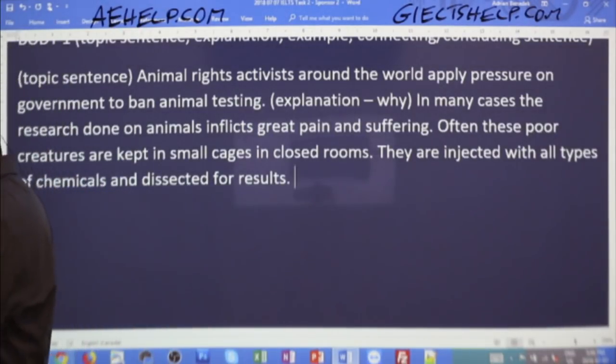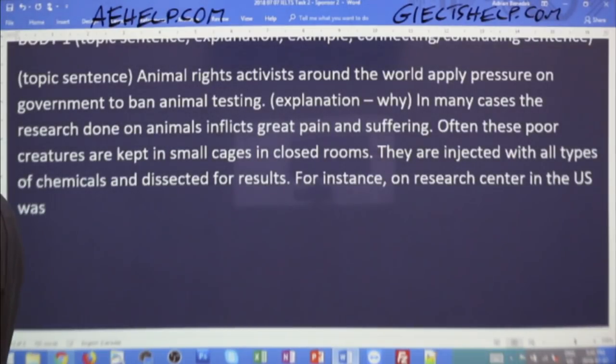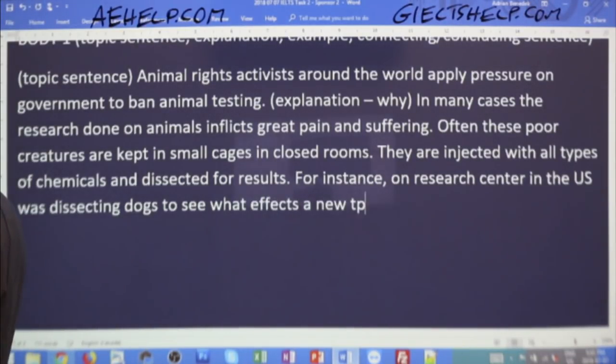For instance, one research center in the US was dissecting dogs to see what effects a new type of AIDS medication had.